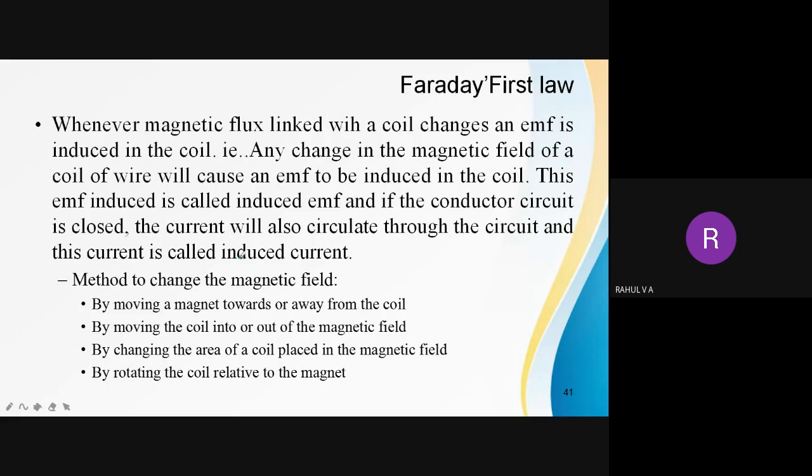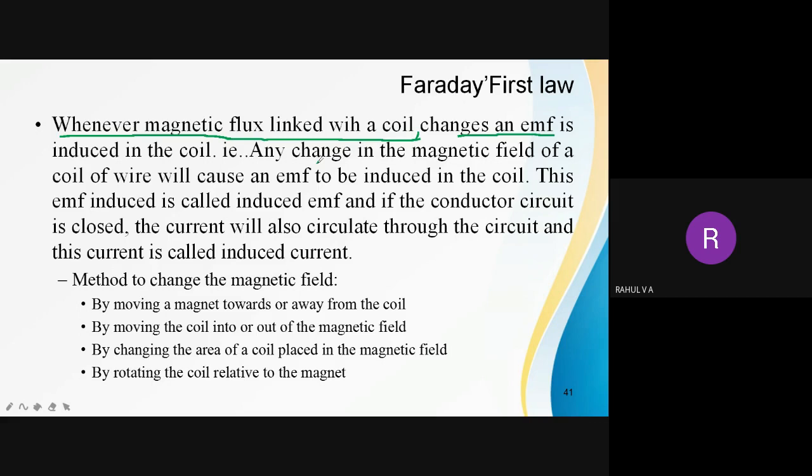Okay, so Faraday's first law says that whenever the magnetic flux linked with a coil changes, an EMF is induced in the coil. So there is a coil and there is flux around this coil.